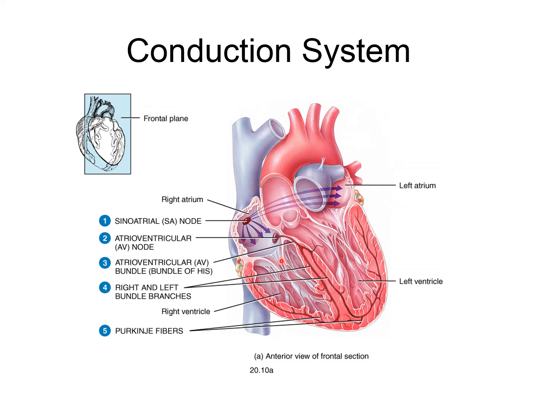We can say the atria contract from base to apex, when the action potential is produced by the SA node and relayed to the atria and then to the AV node.